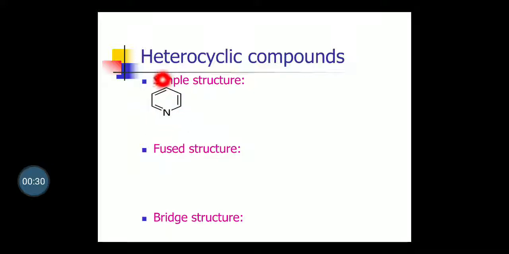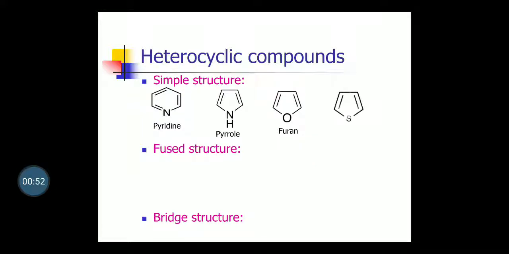The first example is pyridine, a 6-membered ring with nitrogen as the heteroatom. Next is pyrrole, a 5-membered ring with nitrogen. Then furan, a 5-membered ring with oxygen. Then thiophene, a 5-membered ring with sulfur. That's why these are single ring simple structures.